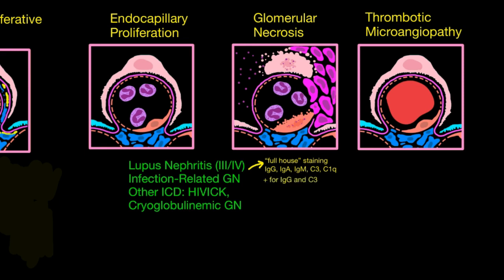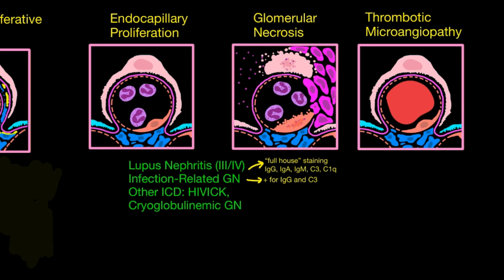But if you were to stain the tissue, you see IgG and C3. And so basically what's happening, there are some bacterial antigens and immune complexes being formed. And actually the deposits form in the subepithelial space. So you see these subepithelial humps, and this will activate the alternative complement pathway and drives the inflammatory process.